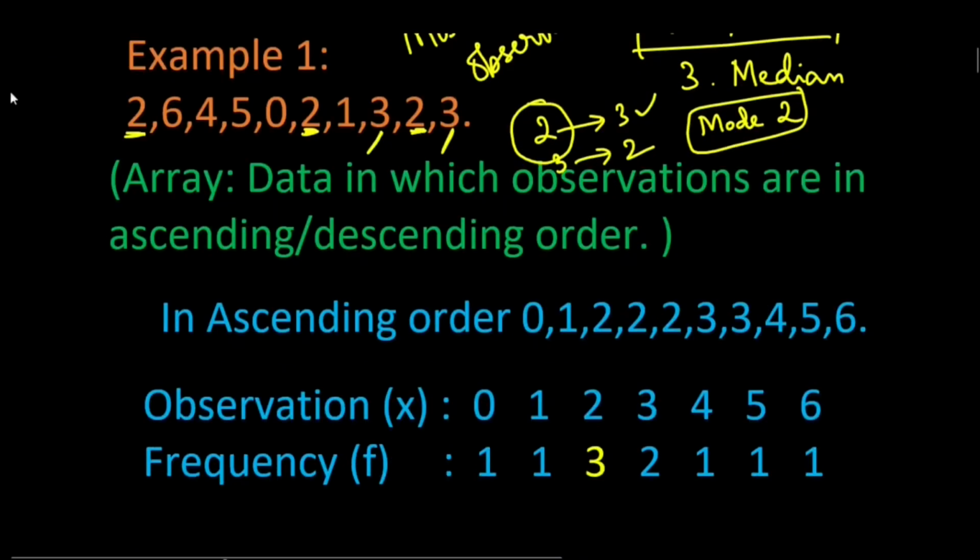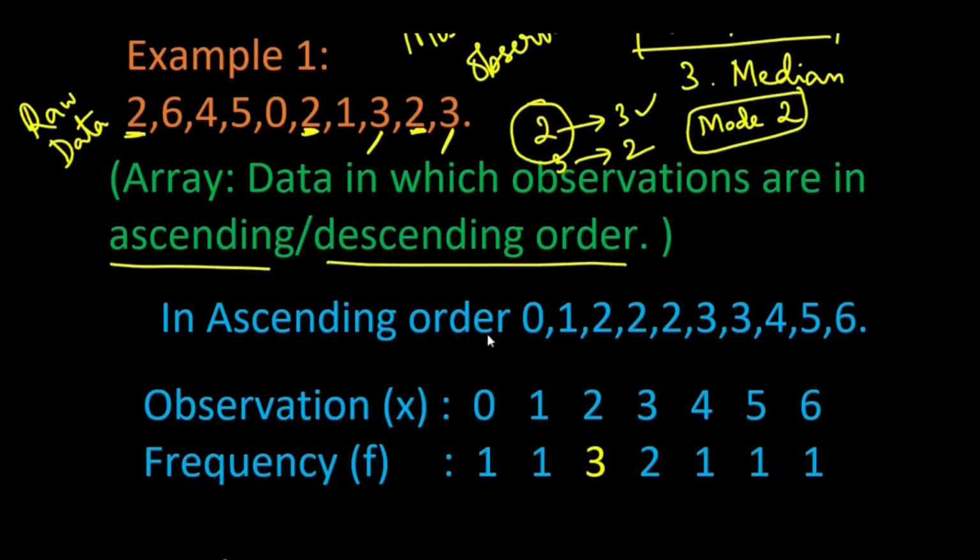This is raw data. Finding mode from raw data is a little bit difficult. If we arrange the raw data in ascending order or descending order, then it becomes easier. Here we have arranged it in ascending order. When we arrange the data in ascending or descending order, we call it an array.